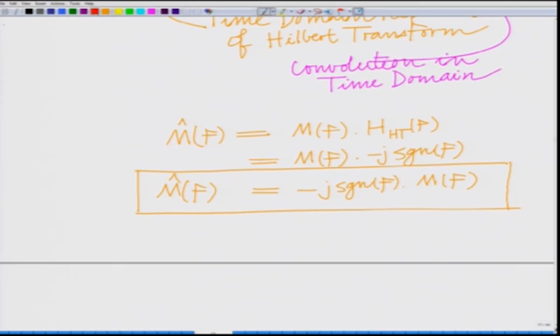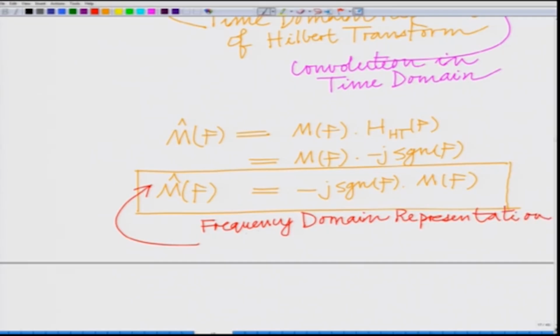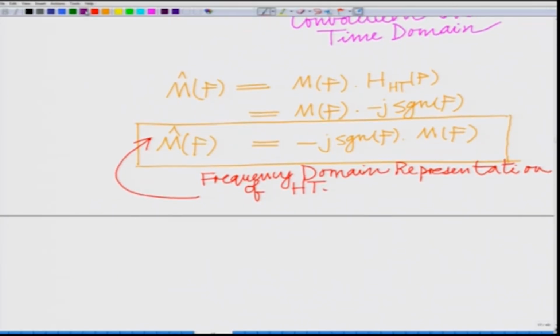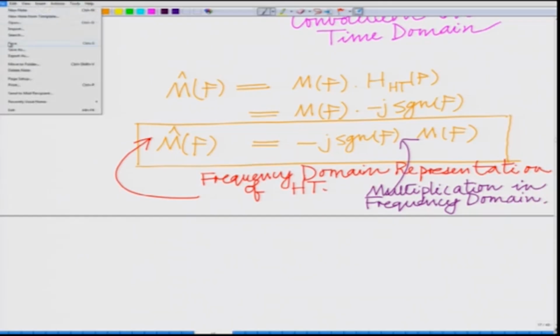So, this is the product in the frequency domain. So, this is the frequency domain representation of the Hilbert transform, and this is a multiplication in the frequency domain.